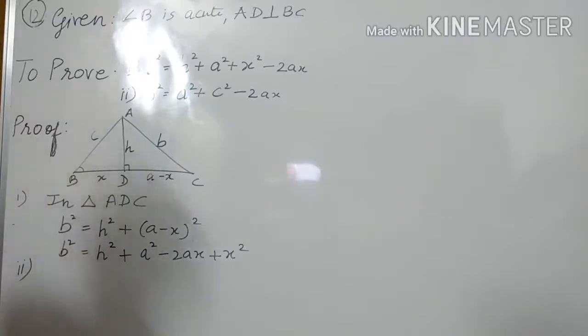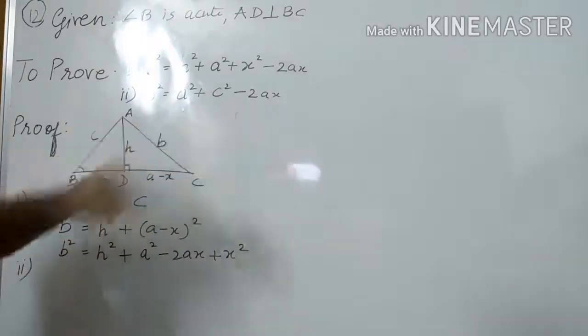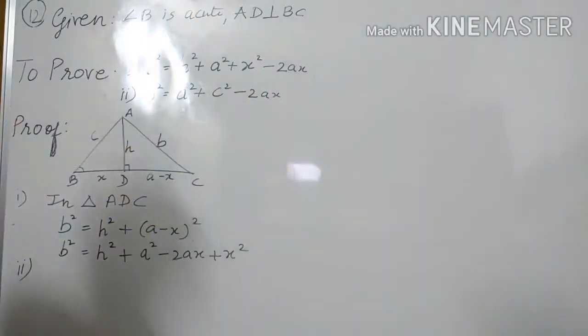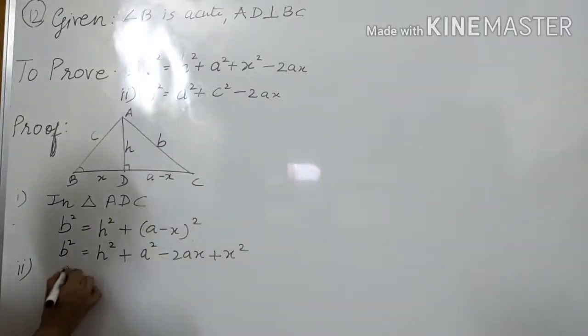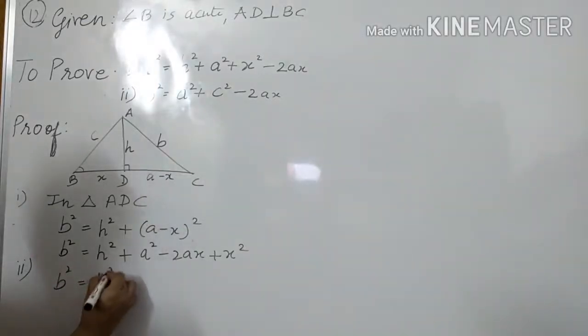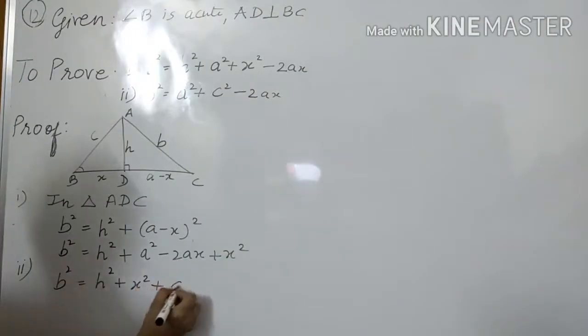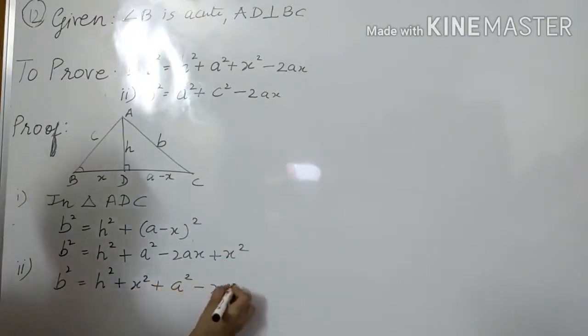For the second part, again you check. There is a square plus c square minus 2ax. So here you have to check where we get this result from. For that I will rewrite this result again. So h square plus x square I am taking together, and then a square minus 2ax writing.